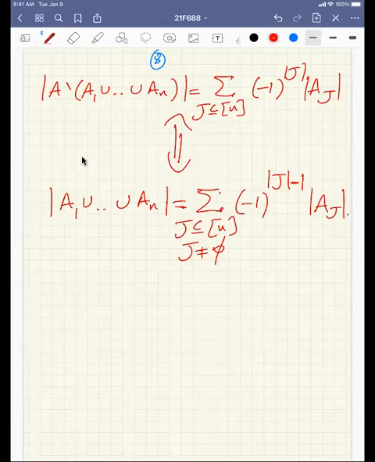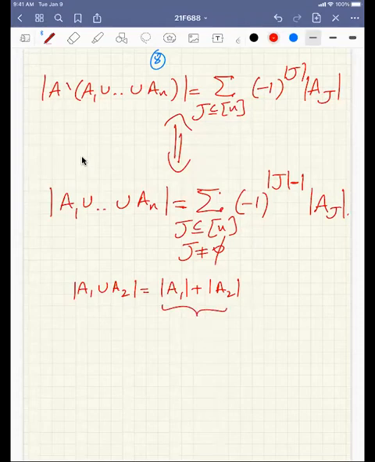It's the generalization of this: if you have two sets, you have A1 union A2 is A1 plus A2, which are the two things you get when the cardinality of J is 1, in terms of subscripts, minus A1 intersect A2, which is A subscript 1 and 2.